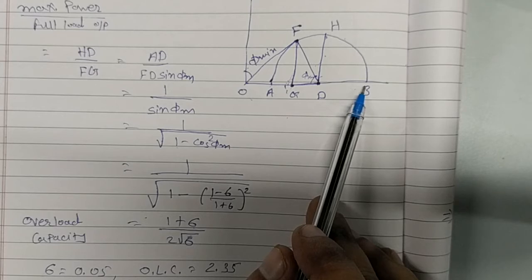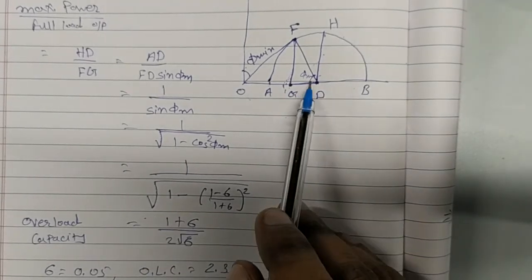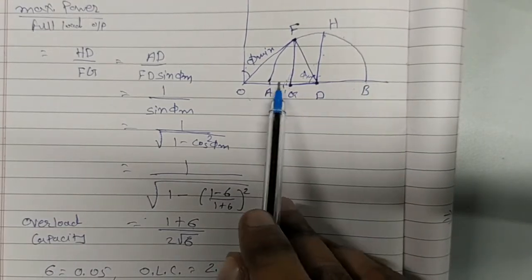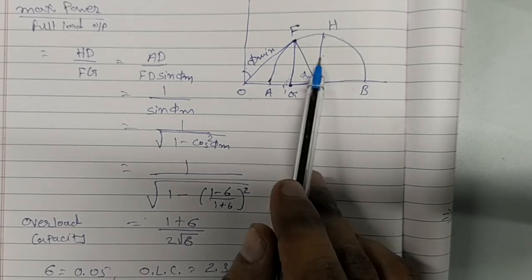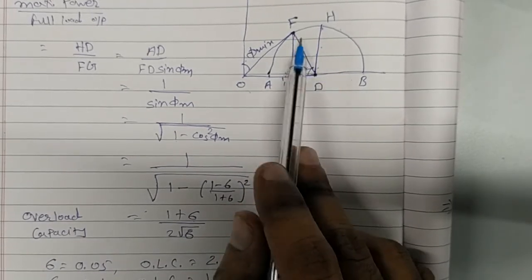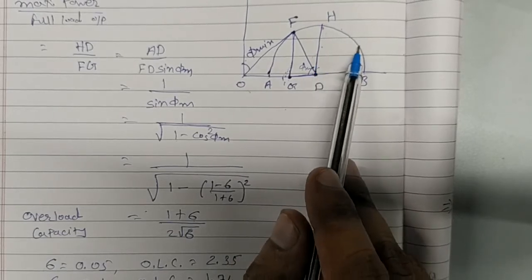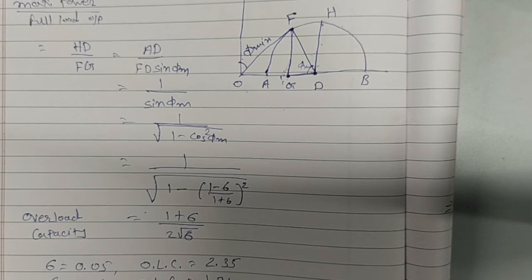So if ISC is less, the output will also be less, because if the diameter becomes lesser, the circle will become smaller. If the circle becomes smaller, the value of the output that we are getting at any point is going to be lesser, if the diameter reduces.